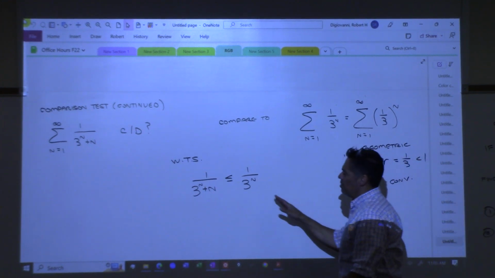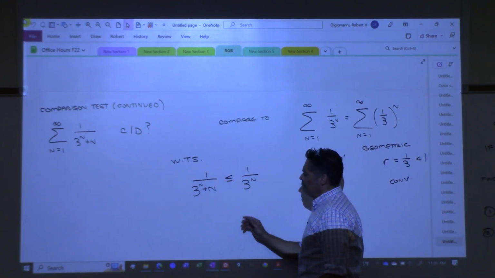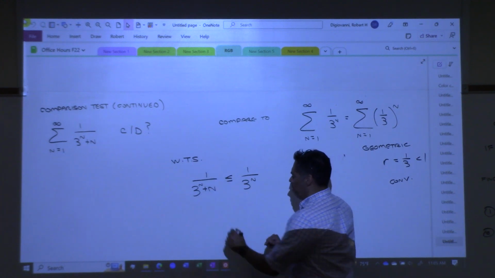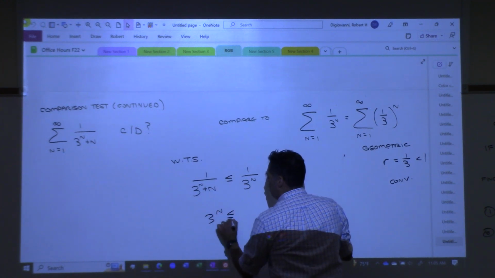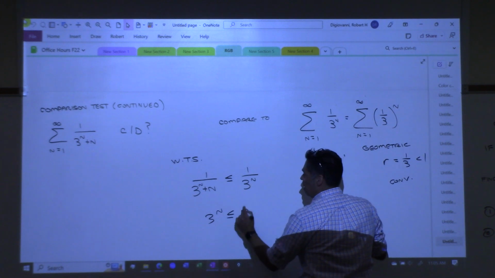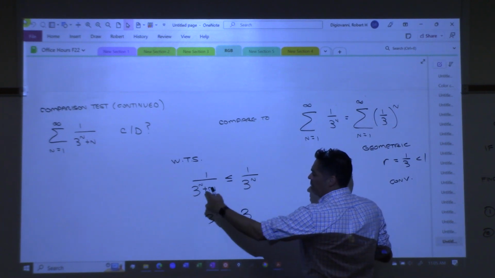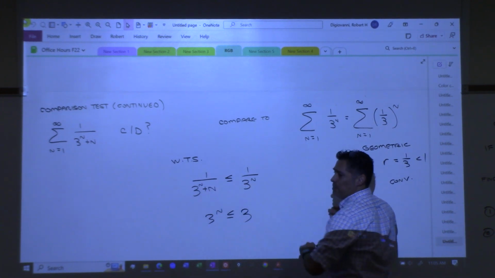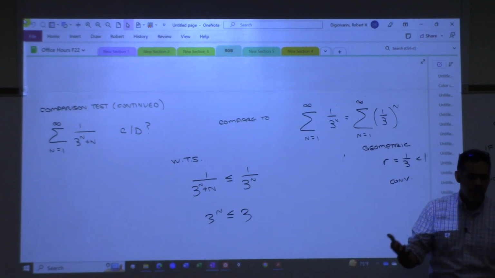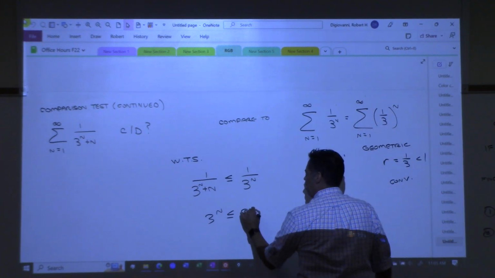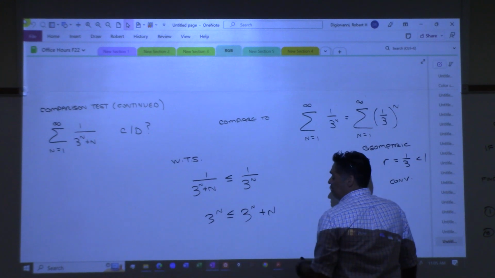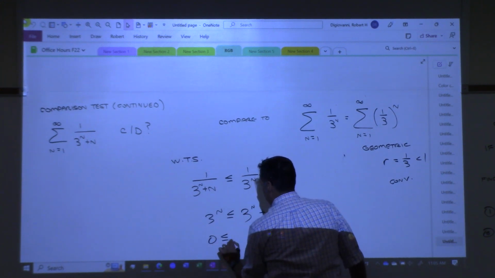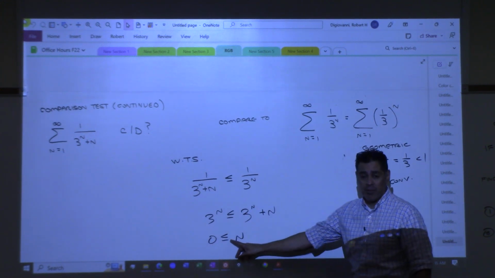All right, and then here I can just cross multiply, right? I can just get rid of this, put it over there. I do not have to worry about flipping the inequality because I know 3 to the n is a positive number. I also know that 3 to the n plus n is positive because, again, n is natural numbers, so we don't have any negatives to deal with. And then I can subtract 3 to the n on both sides, and I get n must be greater than or equal to 0.